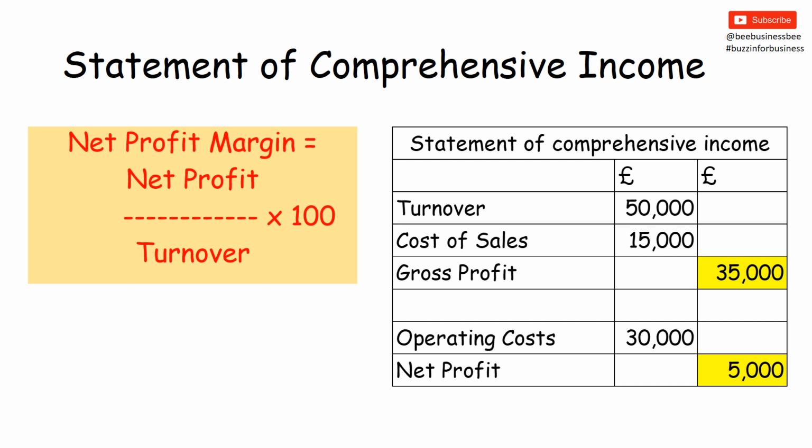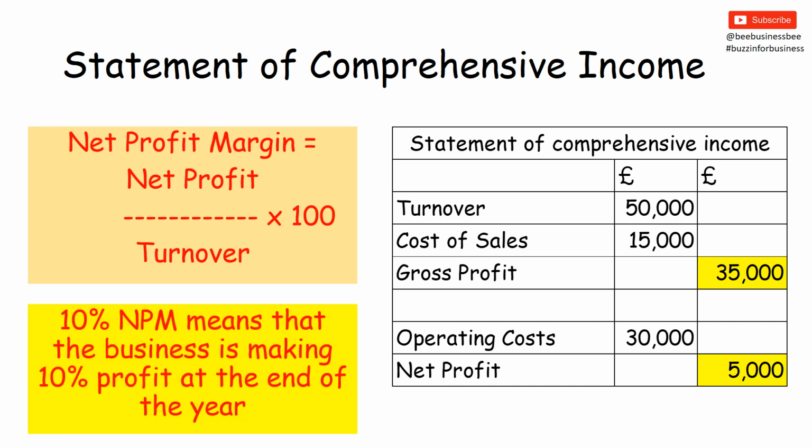In this case, it'd be 5,000 divided by 35,000 and then multiplied by 100, and that would give you a net profit margin of 10%. So that means that the business is basically making 10% profit at the end of the year on what it's taking from its turnover once its expenditure has been taken away.